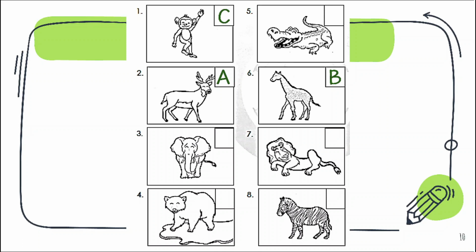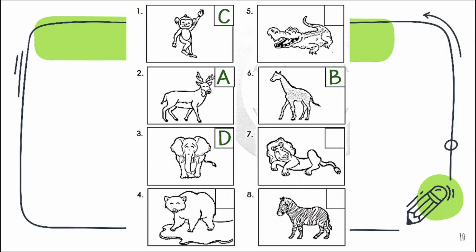Next, let us continue. And then an elephant with ears waving at me. What is the next animal? Correct, an elephant. It is located at number 3. So we are going to write letter D on number 3. Then, a crocodile with long tail and sharp teeth.